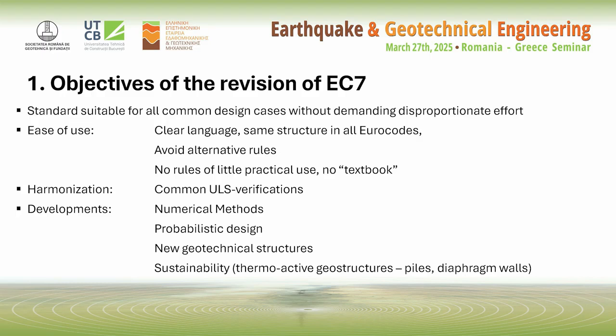So I will start by reminding you all what were the objectives of the revision of Eurocodes in general and in particular for Eurocode 7: to obtain at the end of this process a standard that is suitable for all design cases, to improve the ease of use, which is not always clear that we managed to do in the second generation, but we tried. To avoid alternative rules as much as possible and not having any more textbooks or other not very useful details.